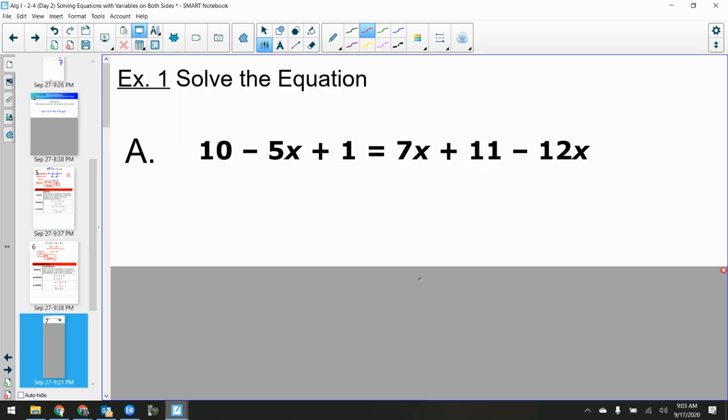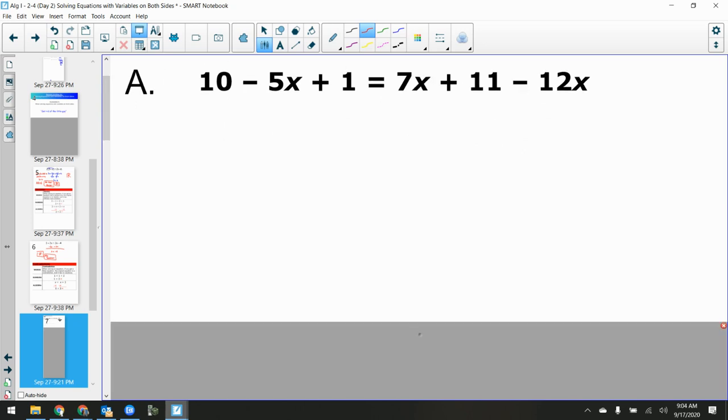Go for it. I wonder what this one is. It's probably going to be either an identity or contradiction.